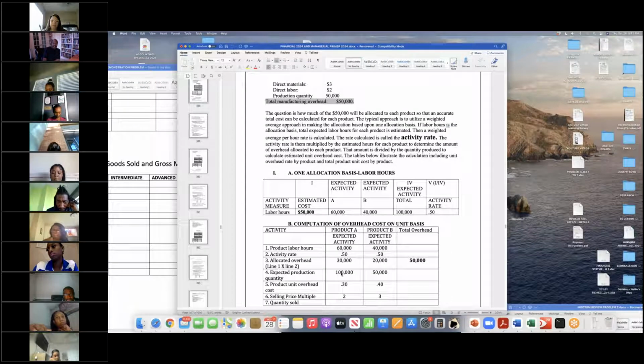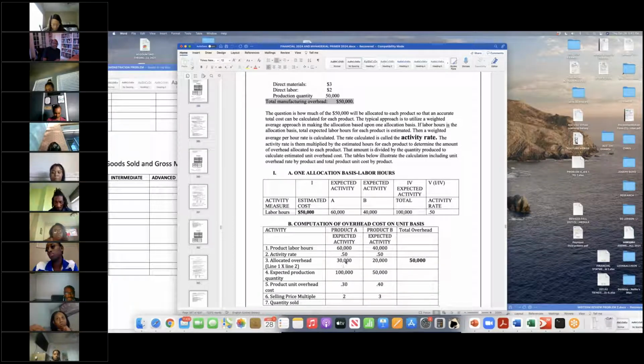But as we come with these joint products, you're simply taking the quantity that you're producing and dividing that into the overhead that was allocated. So the unit overhead cost is 0.3 and 0.4.